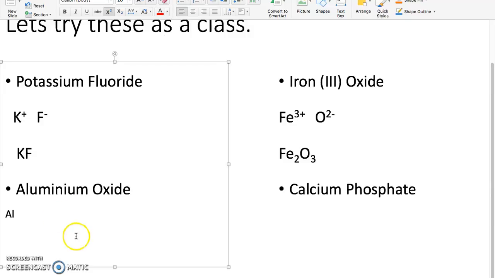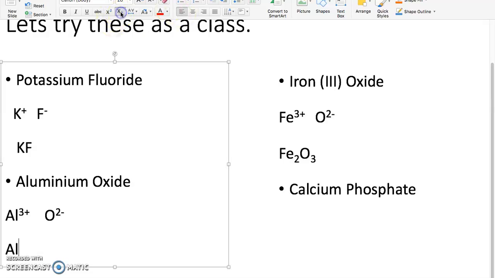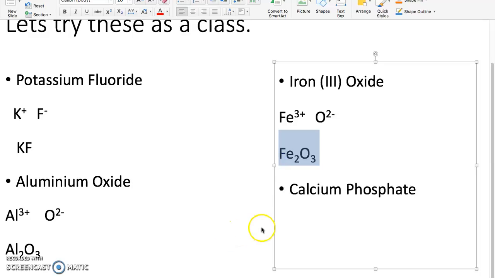So we have Al3+, and then we have oxide again, O2-, and if we look at the ionic formula, we have to balance out the +3 charge with a -2 charge by finding the lowest common multiple of 6. So that will be Al2O3. The exact same ratio of ions in each of these.